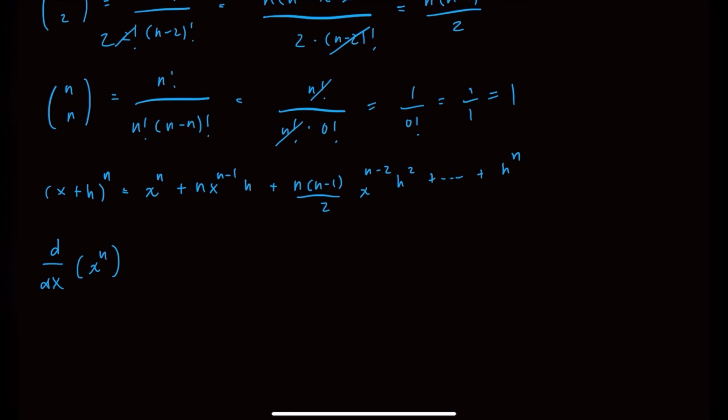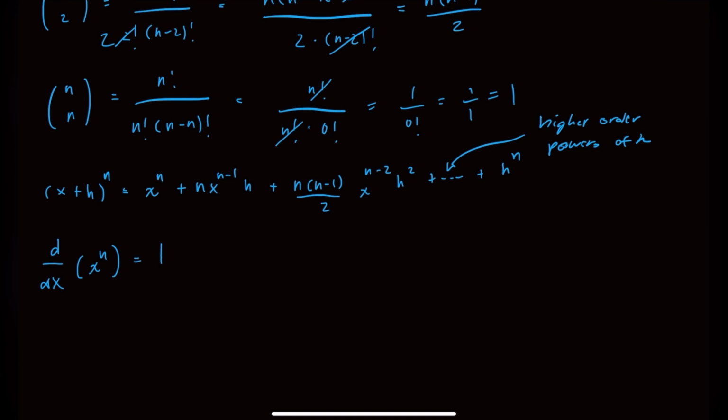So before I proceed, all of these other terms would just be higher order powers of h. So h cubed, h to the 4th, and so on. And that would be useful for our purposes here.